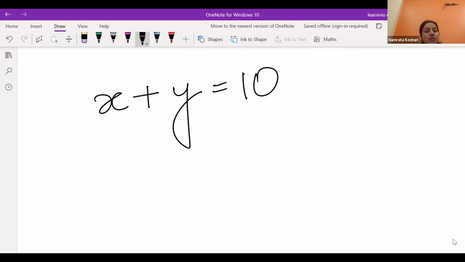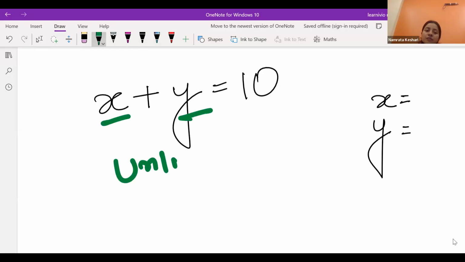Now solution means that particular value of x and that particular value of y, right? Which will make LHS and RHS equal, right? Yes, ma'am. But you have also learned in the previous class that these two are unlike terms and we are not able to add them. Yes or no?